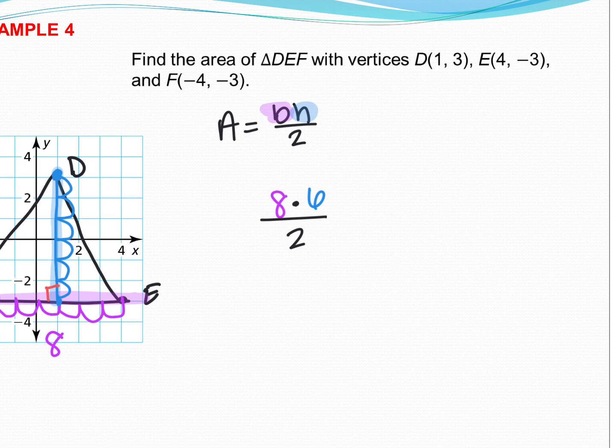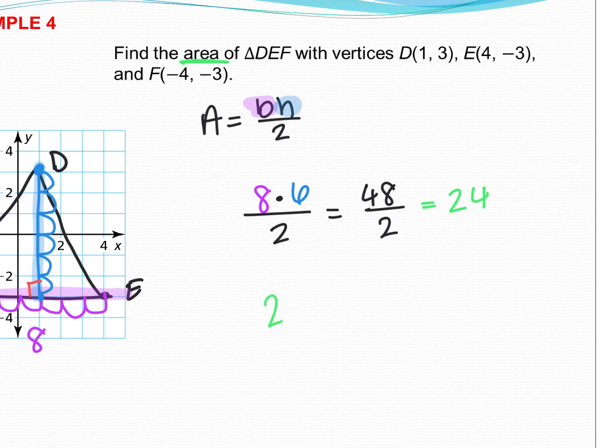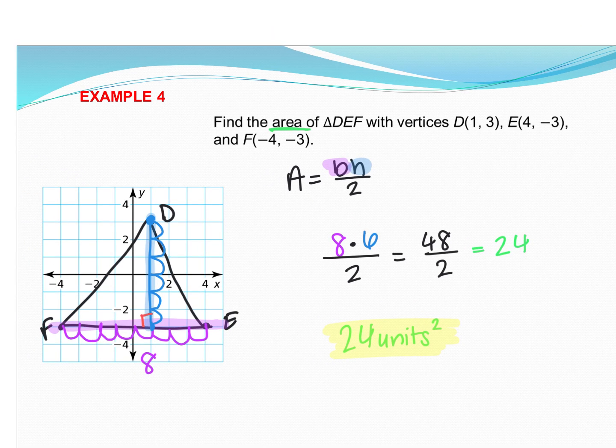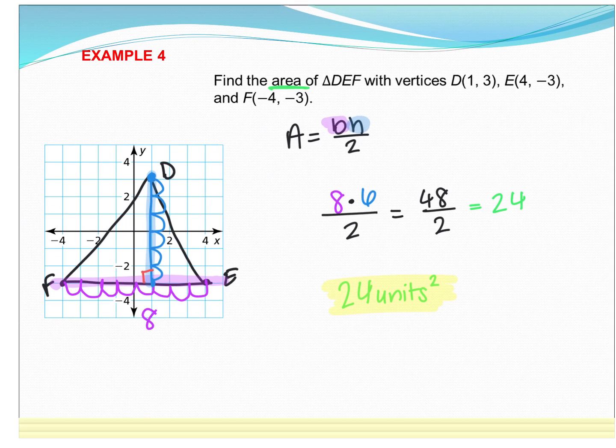So multiplying it, I'm going to get 48 divided by 2. My answer is going to be 24. Please keep in mind, if anything's ever asking for area, your answer is in square units, okay? So my answer would be 24 units squared, because they didn't give me anything. Questions, comments, concerns? Okay.